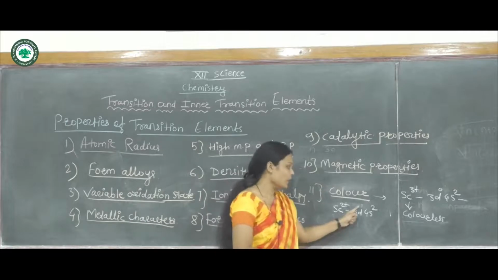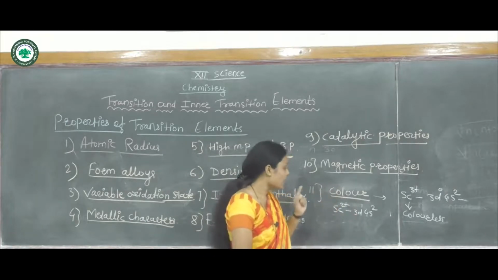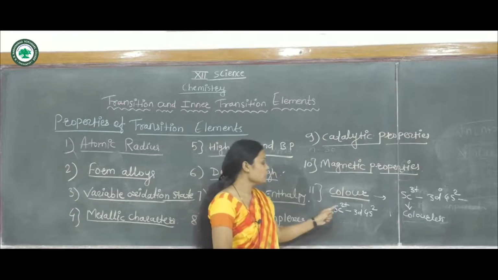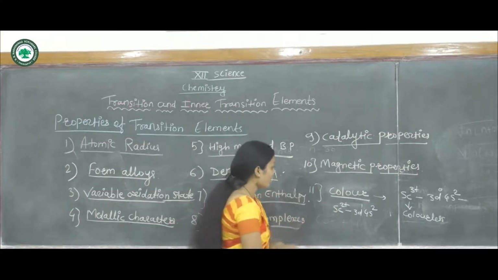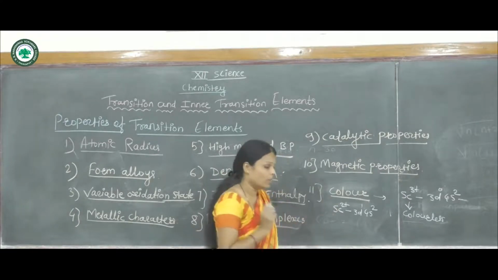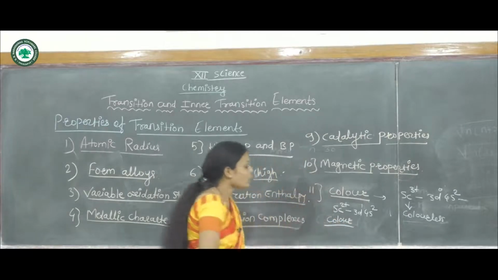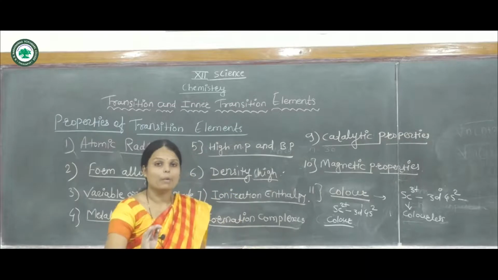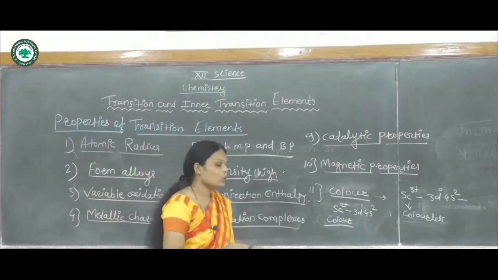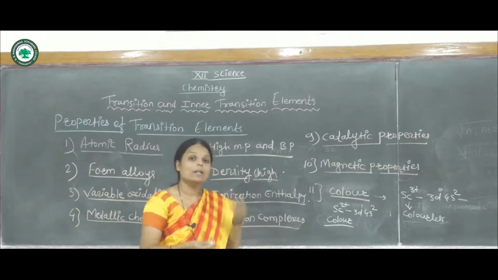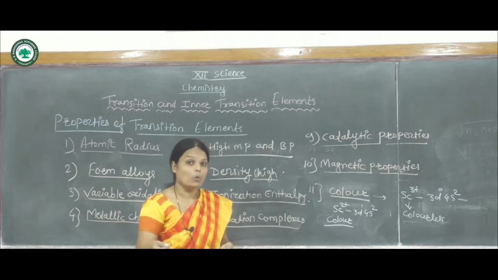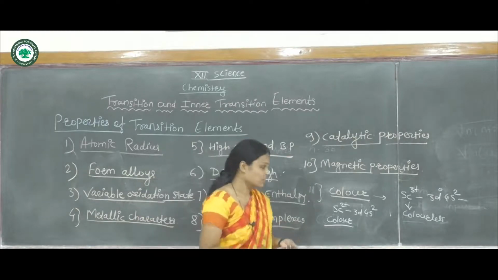Because of 3d1, 1 unpaired electron is present in the scandium 2+ ion, and it can show color. Why? Because of the presence of unpaired electrons. With more unpaired electrons, the color is also more, or dark.